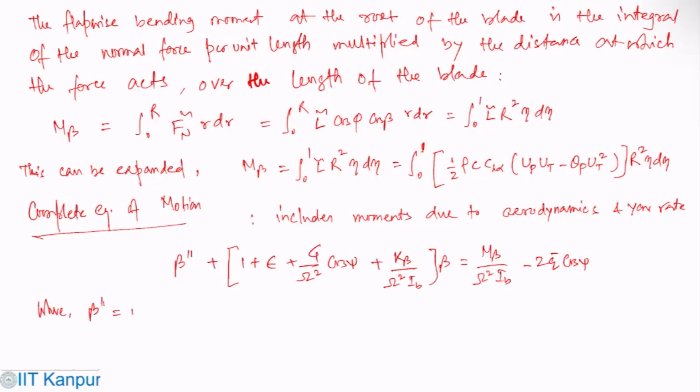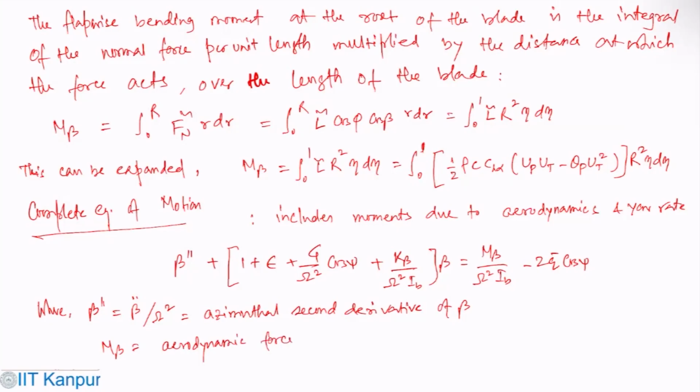Beta double prime is beta double dot by omega square, the azimuthal second derivative of beta, and m beta is the aerodynamic forcing moment.